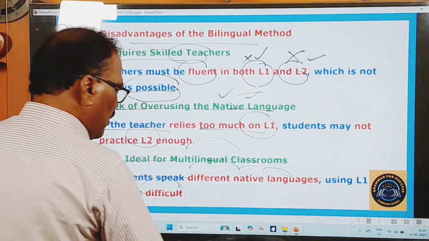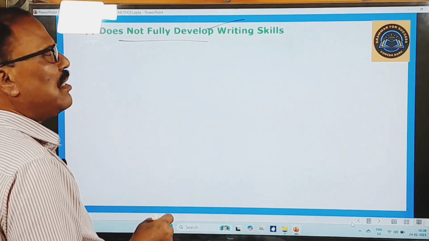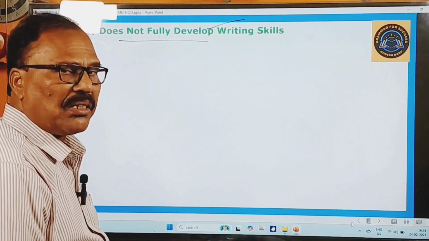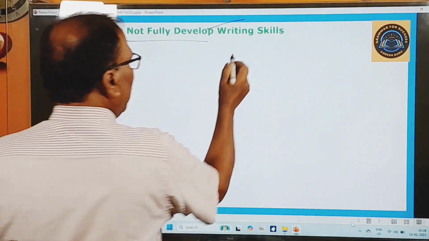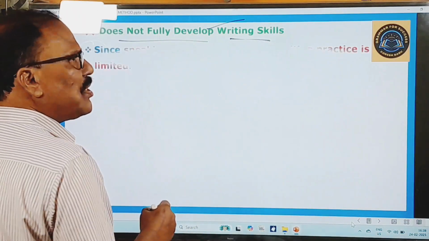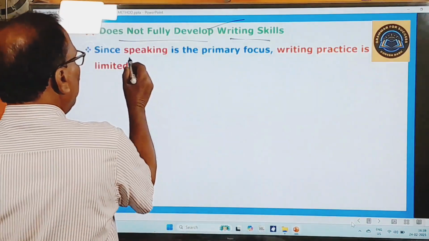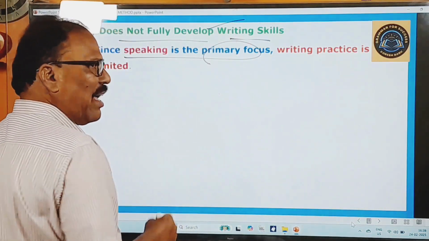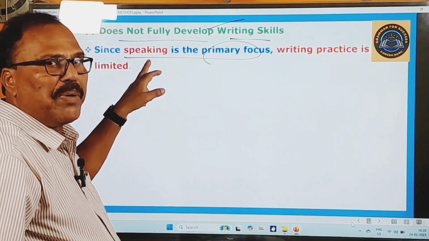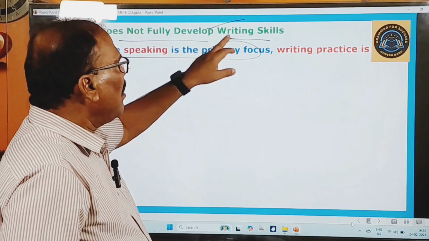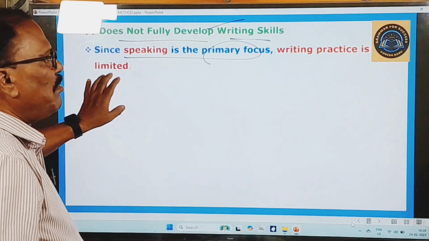Now you move on to other things. Does not fully develop writing skills. This bilingual method does not make the students proficient in writing skills, because it gives top priority only to speaking skills, right? Since speaking is the primary focus, this method gives top priority only to speaking skills and not to writing skills, and therefore writing practice is limited.